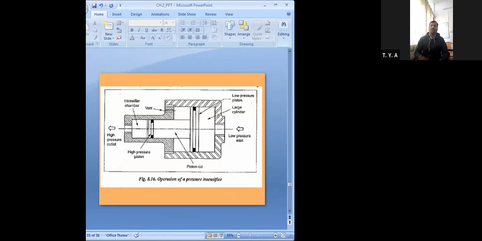With the help of this figure, I will discuss the construction and operation of the pressure intensifier. It's a typical figure I have taken from one of our textbooks of hydraulics and pneumatics.